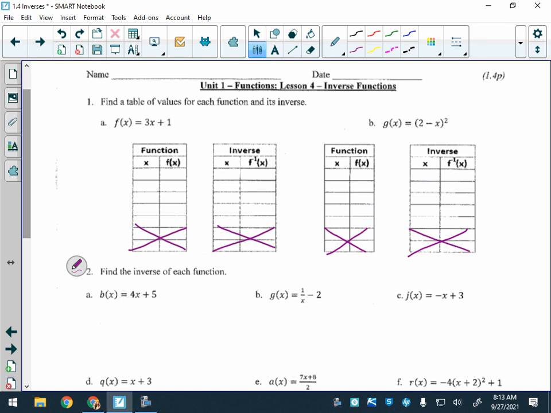Okay? You're using the function. I'll give you some points to use. X values. Okay? So you're using the given x values.